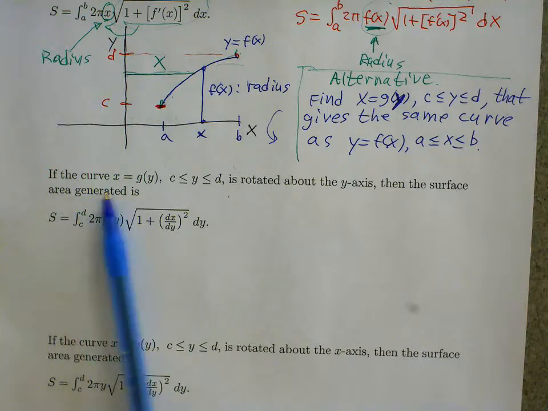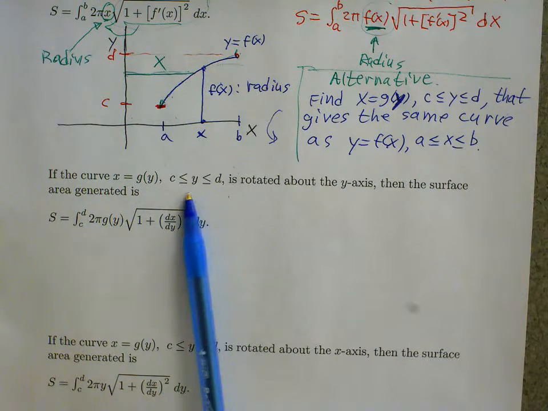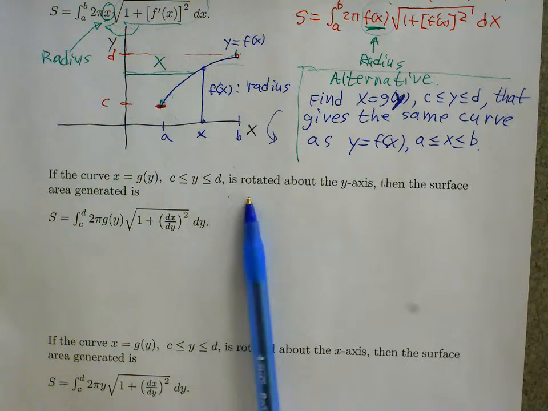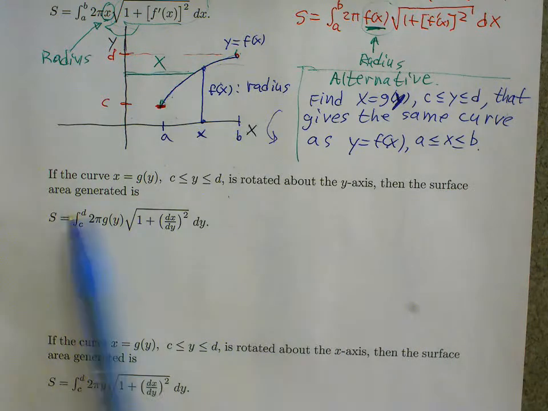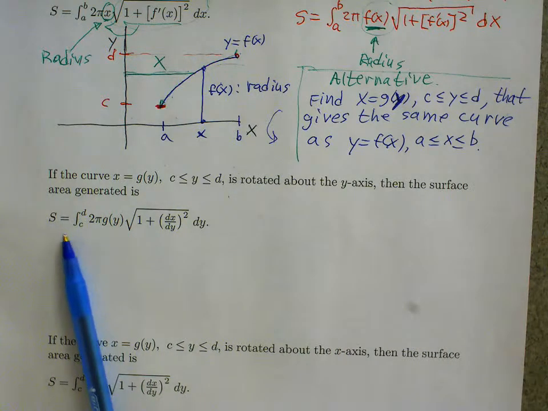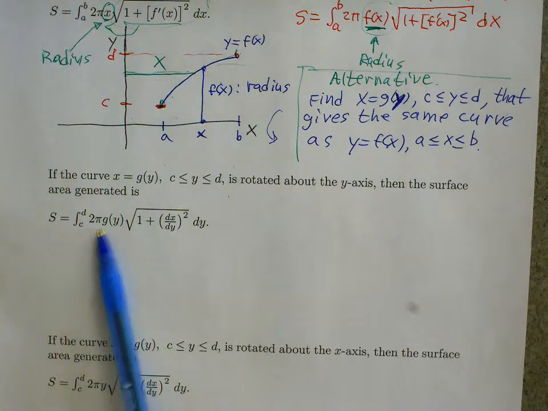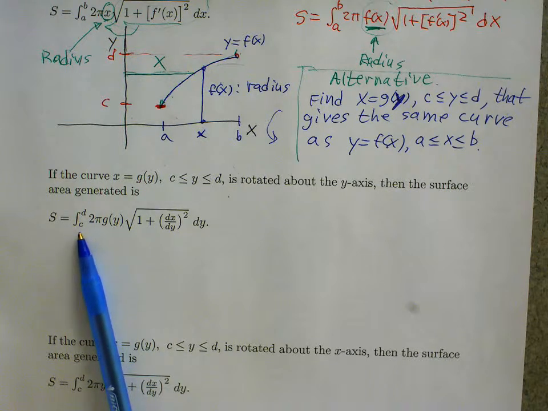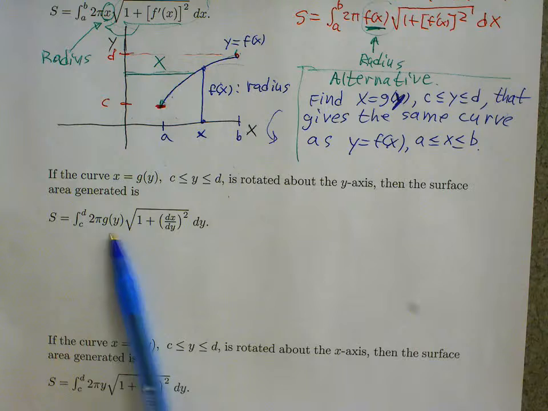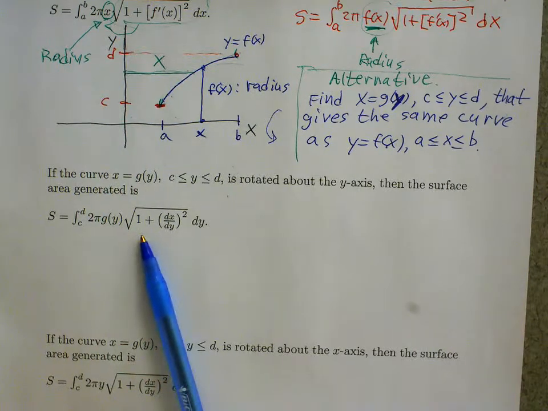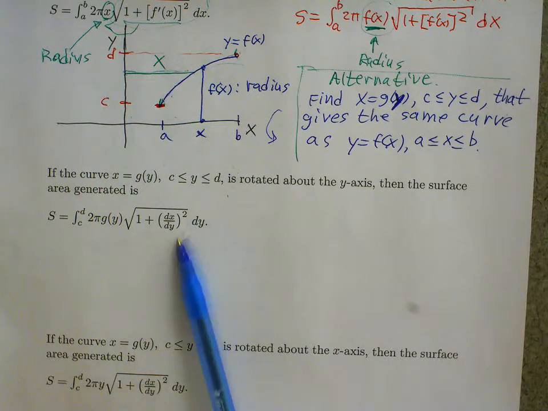If the curve x equals g of y for values of y between c and d is rotated about the y-axis, then the surface area generated is this definite integral in terms of y. So the definite integral from y equals c to y equals d of 2 pi times g of y times the square root of 1 plus dx dy squared dy.